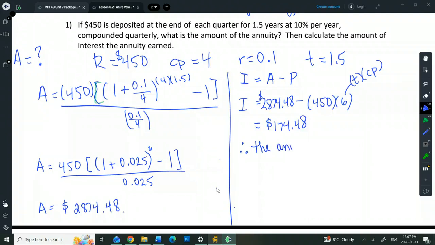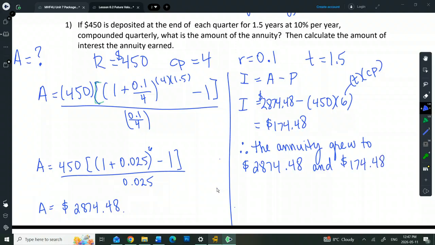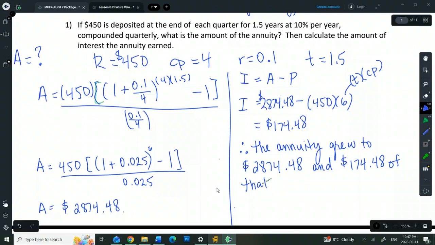The annuity grew to $2,874.48 and $174.48 of that was interest.